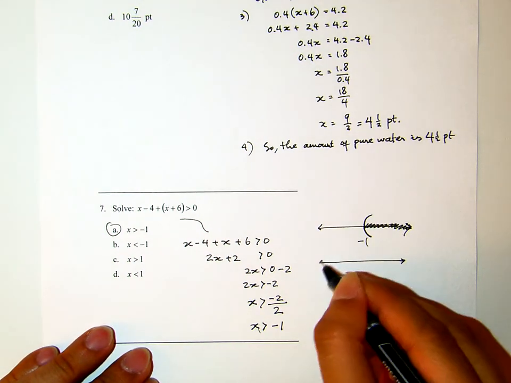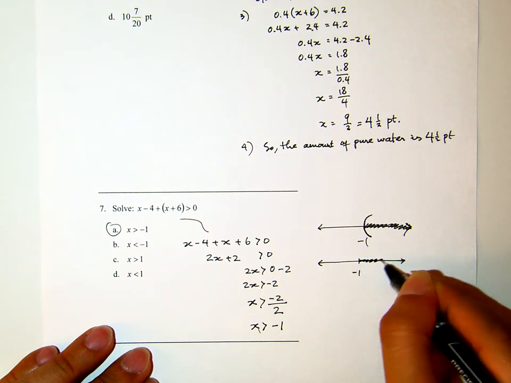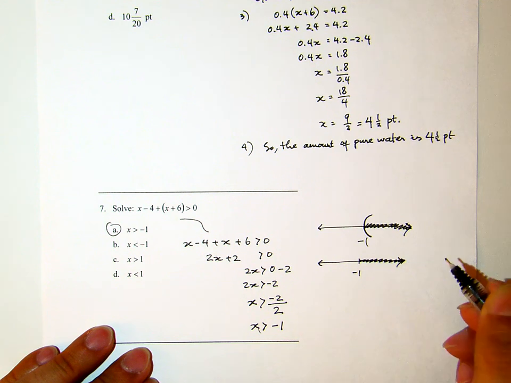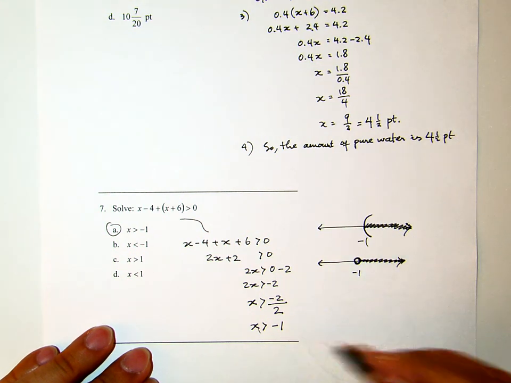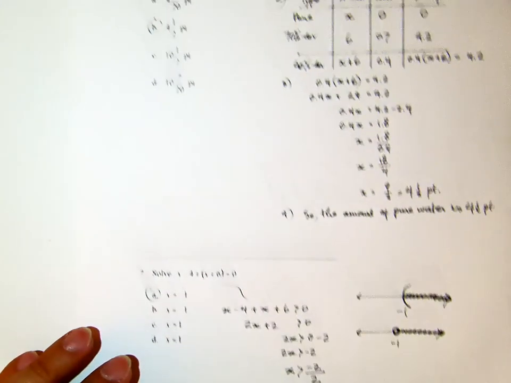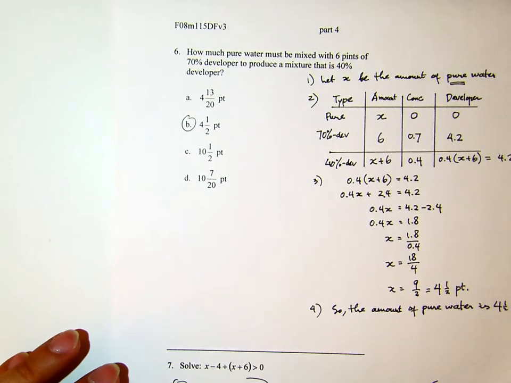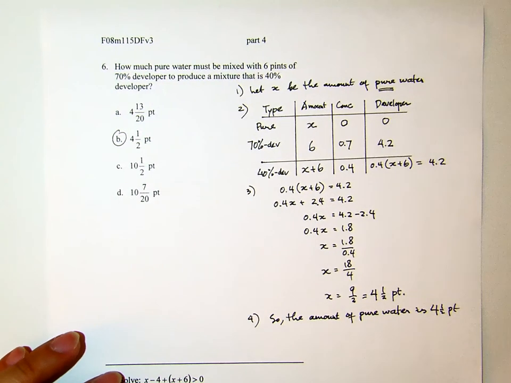Sometimes, in old times or in some textbooks, they use the open circle or closed circle way to show this. Here, because it doesn't include the boundary negative 1, I use an open circle. This is from fall 2008 Math 115 Department Final, version 3, number 6 and number 7.